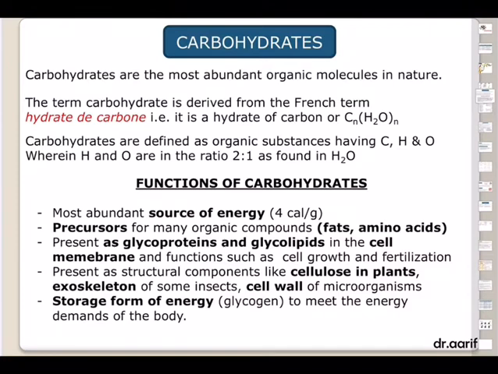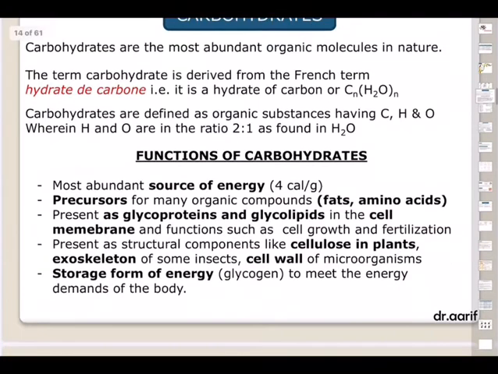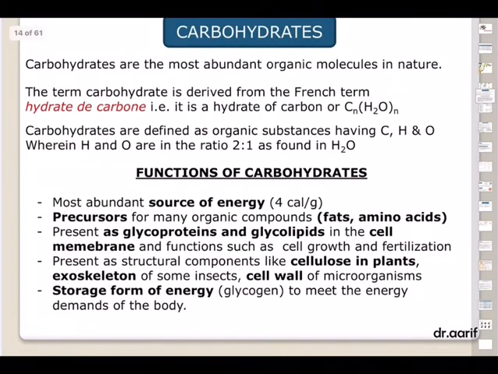It is essential that whatever you eat, we should have carbohydrates, of course, because they give 4 calories per gram of energy, and without energy we cannot survive. But almost more than double of this energy, 4 into 2 plus 1, 9 calories per gram, fats will give.